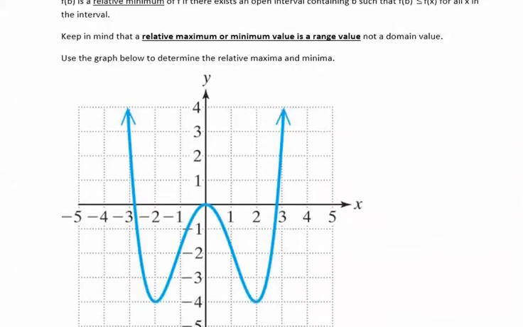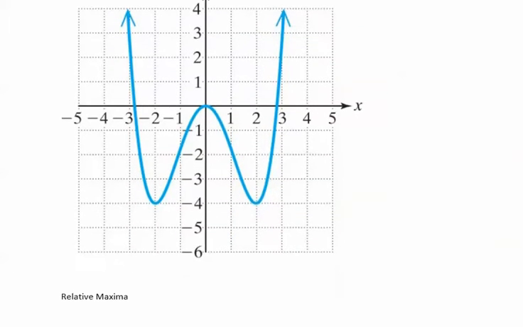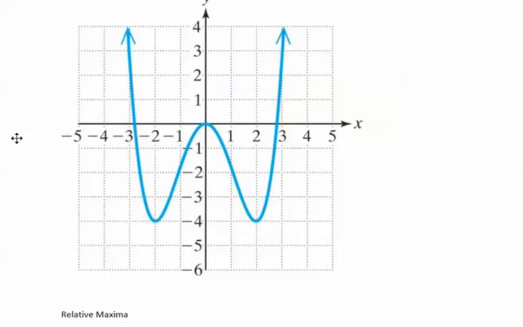Okay. All right, so let's take a look at this and determine our relative maximum, and minimums. Okay. Let's start with the maximum. Again, my suggestion might be to see where the function is increasing and then all of a sudden decreasing. Okay. So notice in this particular interval that there is a highest range value in that interval, and that is 0.